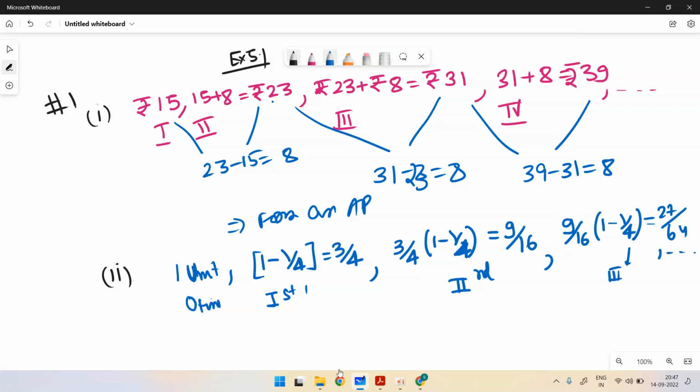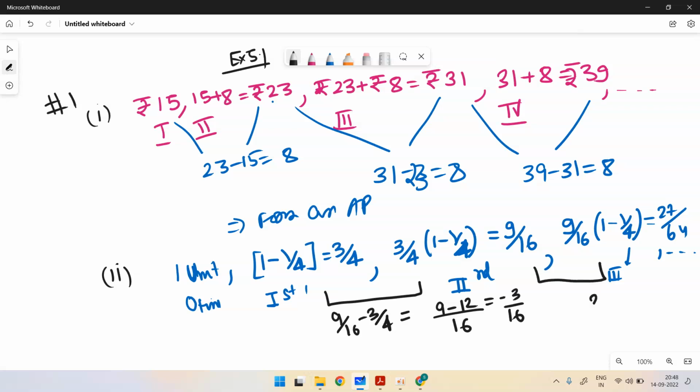Now if you calculate the common difference, this is 9 by 16 minus 3 by 4. Taking the LCM 16, 9 minus 12, so nothing but minus 3 by 16. Now the common difference from here is 27 by 64 minus 9 by 16.